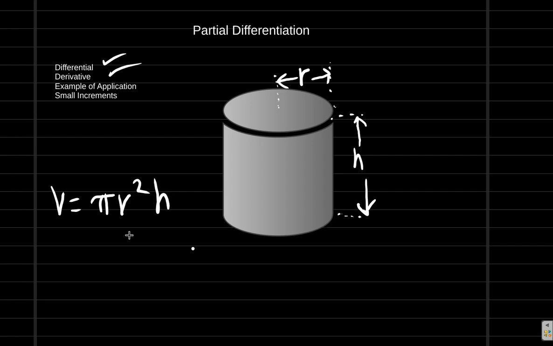Now suppose you make r constant. r remains constant. Then if you change h, then what you will have is a change in V. Alright? Now, since h changes, so r is constant and h changes.